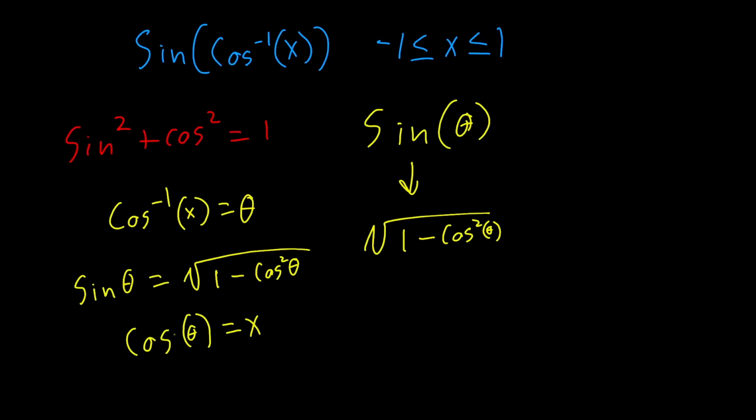And we know cosine of theta is x, so cosine squared of theta would be x squared, meaning that our final answer would be the root of 1 minus x squared. And we can see that with trig identities, we got the same answer as we did whenever we did this working through a triangle.